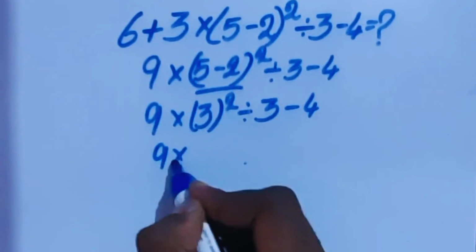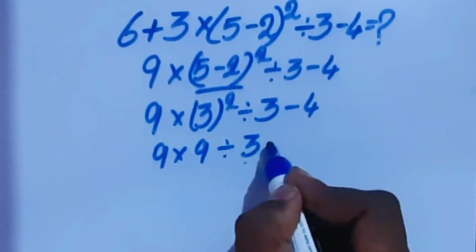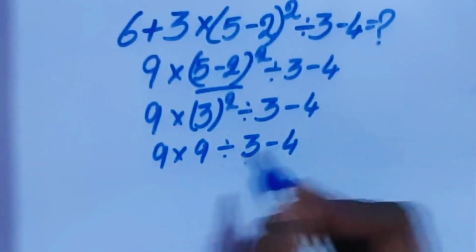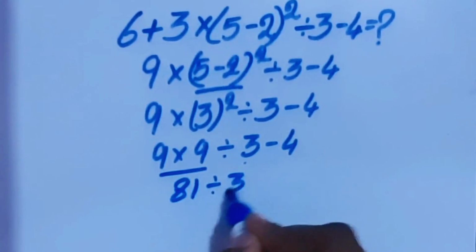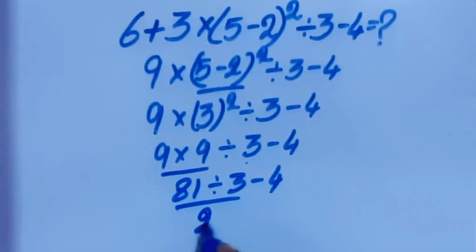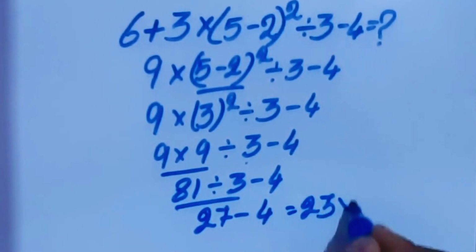Here 9 times 3 to the power of 2 is 9, divided by 3 minus 4. Here 9 times 9 is 81, divided by 3 minus 4. Here 27 minus 4. Here 27 minus 4 is 23, which is the wrong answer.